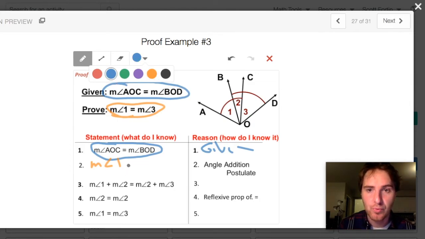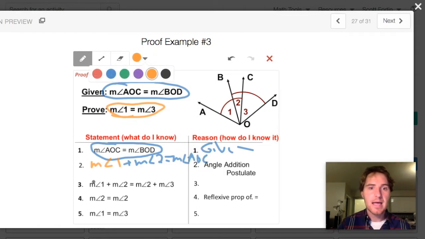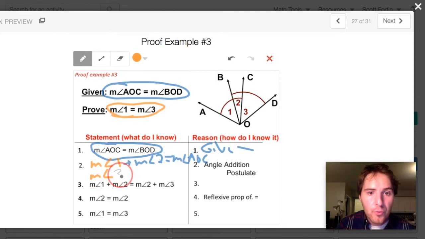Now I've got it into the proof, plus measure of angle 2, that equals measure of angle AOC. And then I have measure of angle 3 plus measure of angle 2 equals measure of angle BOD.